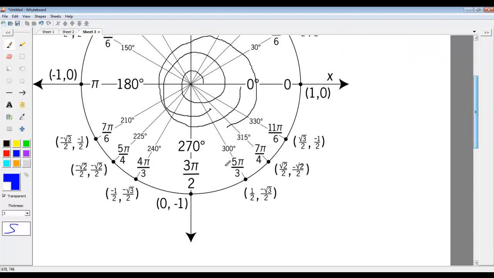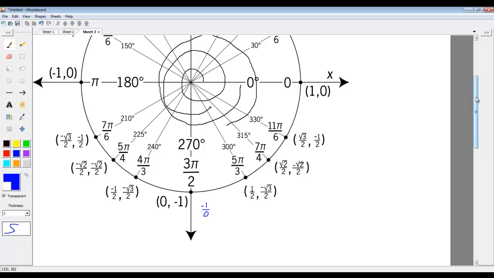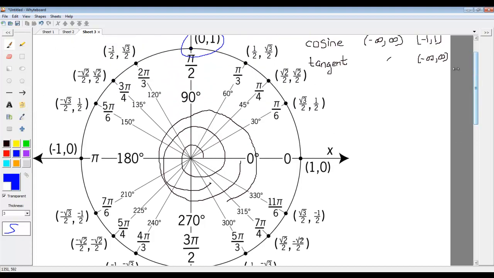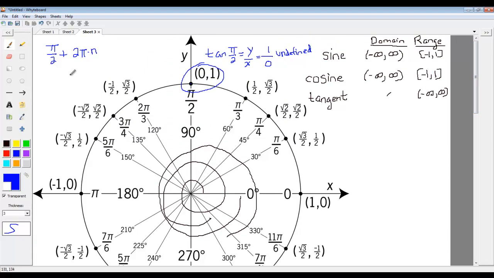That also happens down here at 3 pi over 2. Because look there, y over x, you've got negative 1 over 0, which is undefined. So at 3 pi over 2, that also happens.